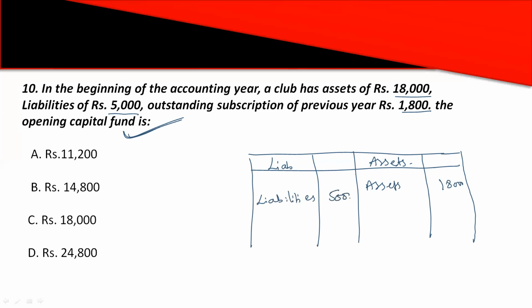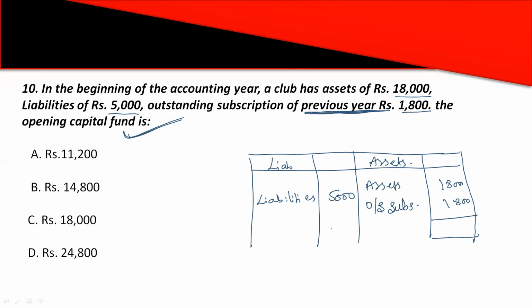Now there is outstanding subscription of previous year also. It is not related to current year. When it was related to current year, we could consider it as a liability. Now it's related to previous year, so we'll take it on the asset side. Outstanding subscription, rupees 1800.